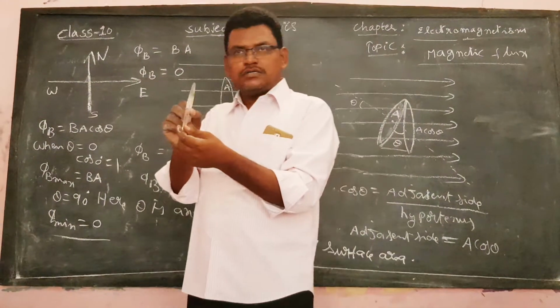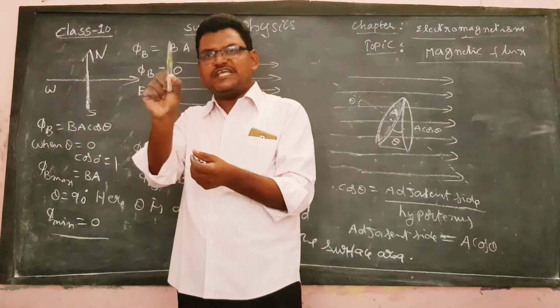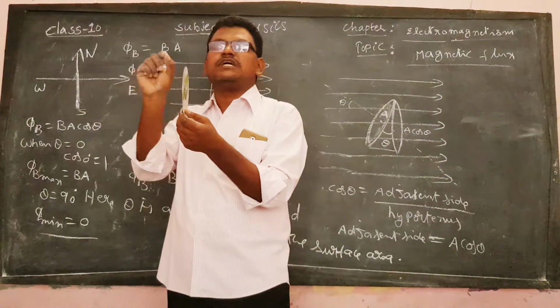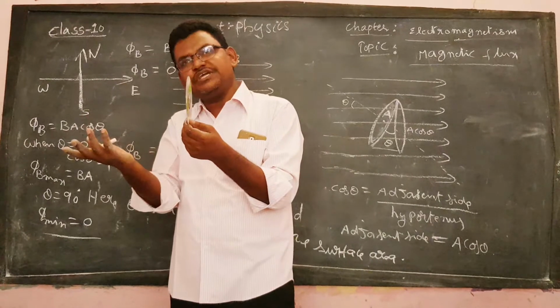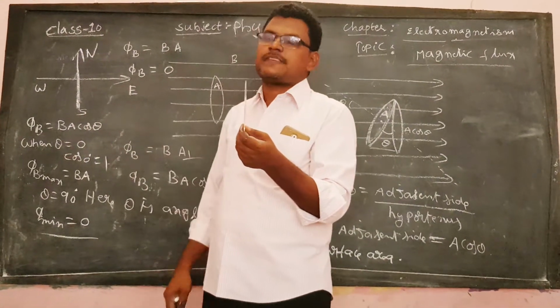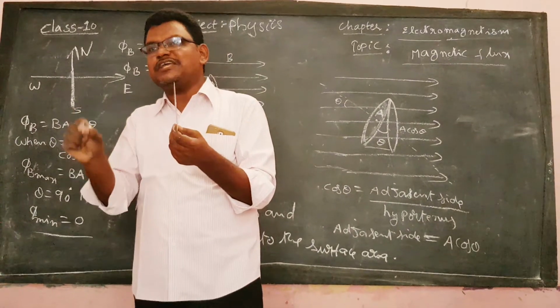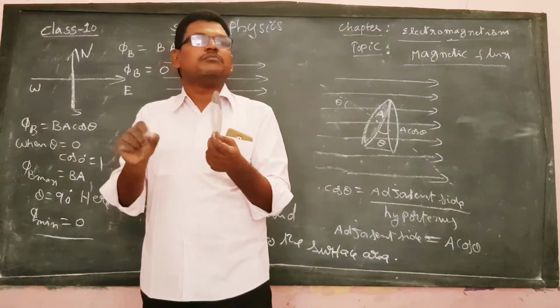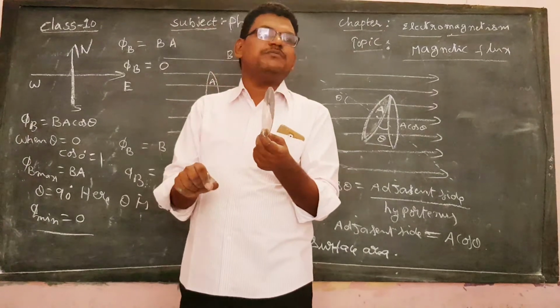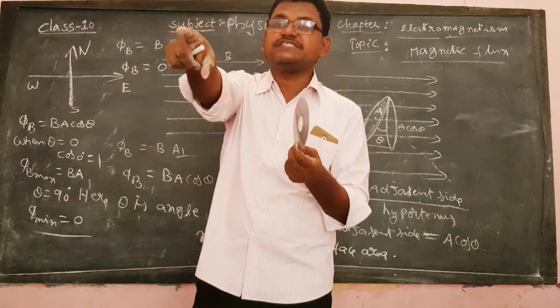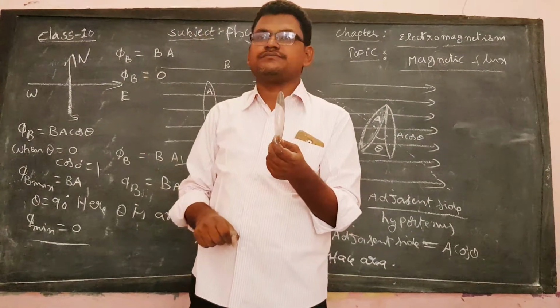And if we say the surface area is perpendicular to the magnetic field and theta is equal to 0 degrees, both are the same. So remember, here the angle is not between the magnetic field and the surface area, but theta is the angle between magnetic field and normal to the surface area. Be careful.